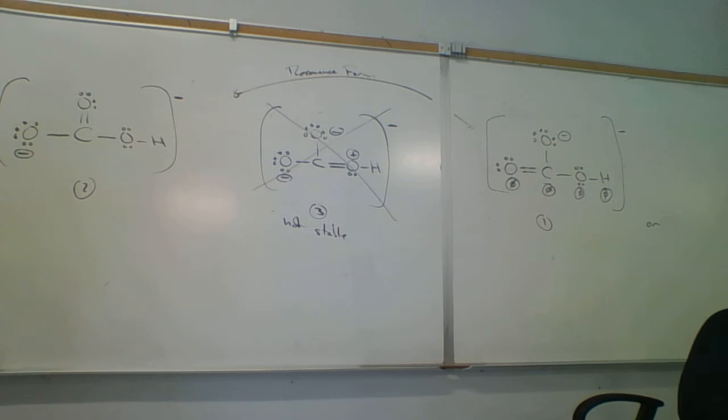Those are our resonance forms. So we end up with 2 resonance forms for this. Carbonic acid would have a hydrogen here. Let's try carbonate. Draw the Lewis structure for carbonate.